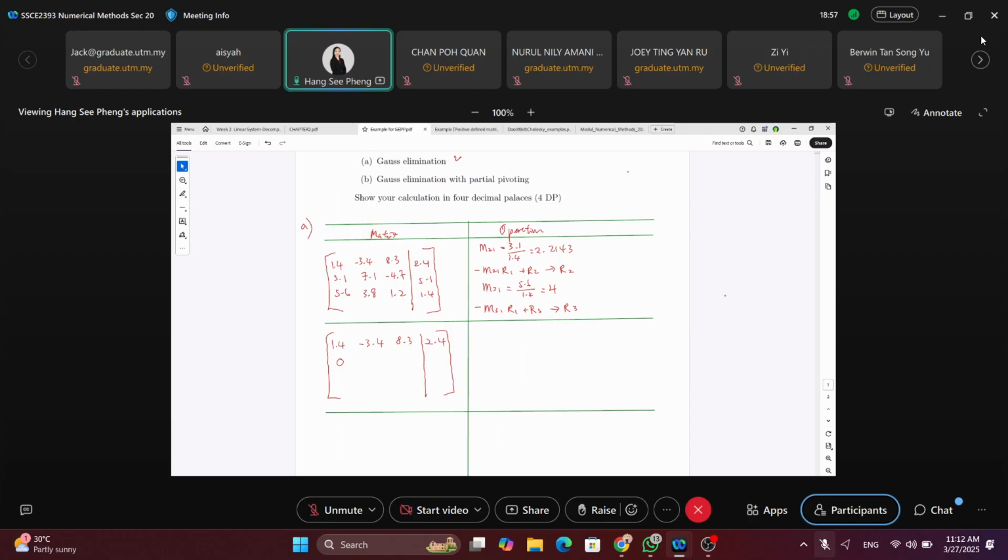Then for the rest, same. You can set this operation in your calculator to find the new R values. In your calculator, you can use A and B or X or Y, up to you, to replace R1 and R2. So put in minus 2.2143 multiplied by R1 plus R2, and you get the next values.